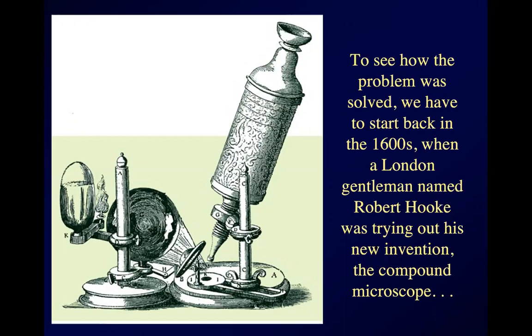You've got several lenses, each one of which magnifies a bit, and then you put something under the objective lens. That's the little thing poking out at the bottom of this, and look at it through the eyepiece lens, which is up there at the top right. This basically works the way that yours does. Yours is a bit more sophisticated, that's all.